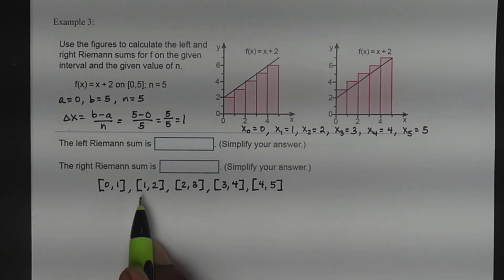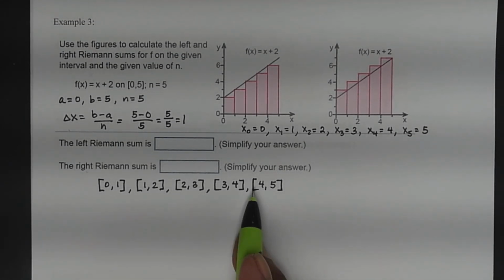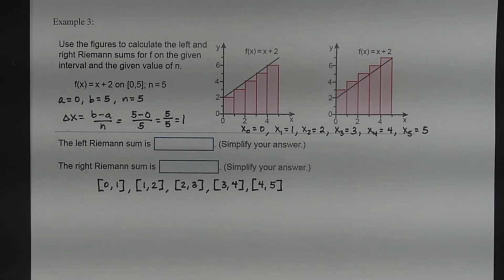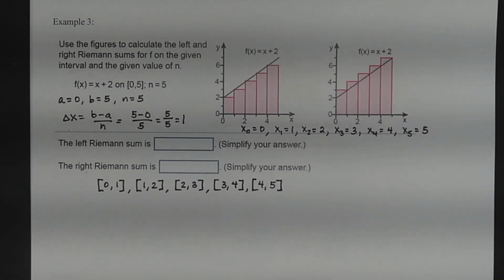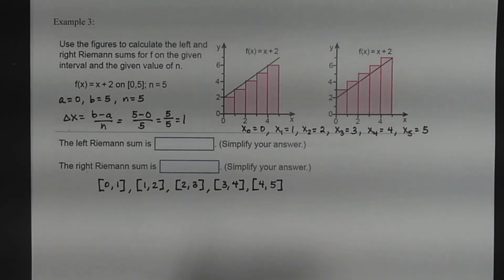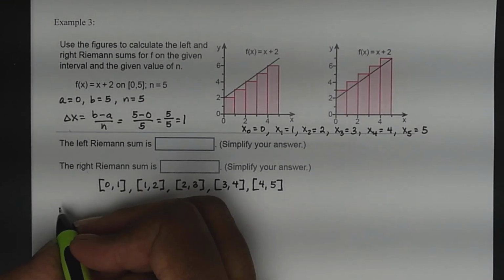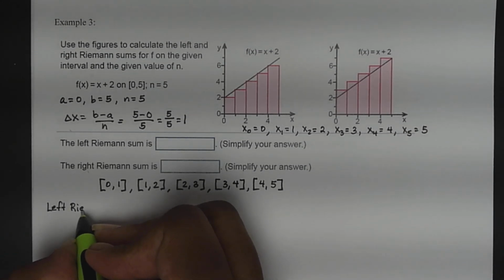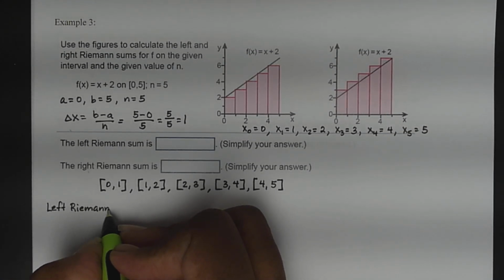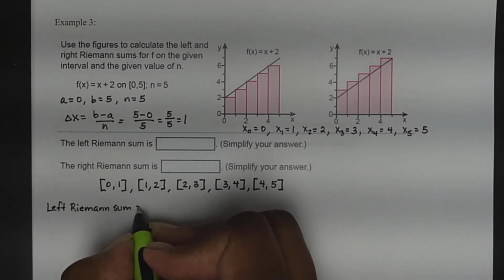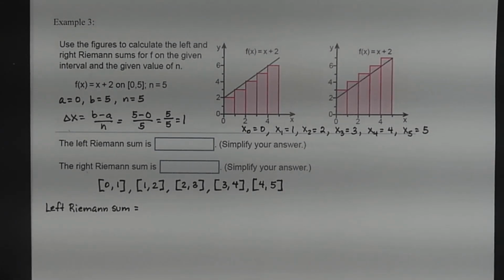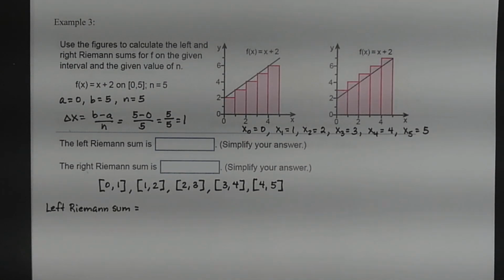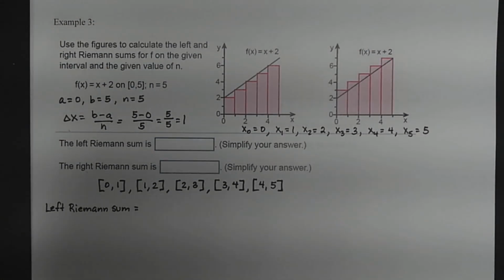Each left endpoint represents the left Riemann sum that I will use here. So in this case, if I want the left Riemann sum, I'm going to use that modified formula that I gave to you earlier, and I'll go ahead and bring that back up.